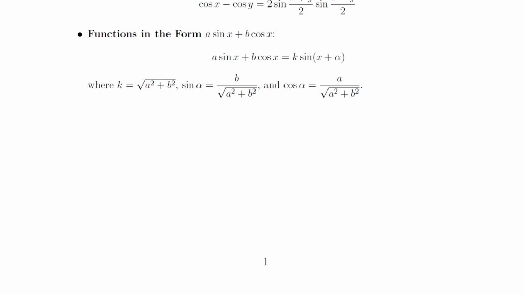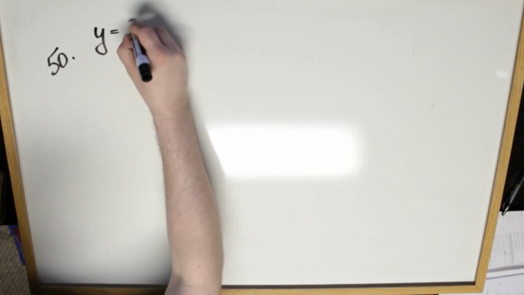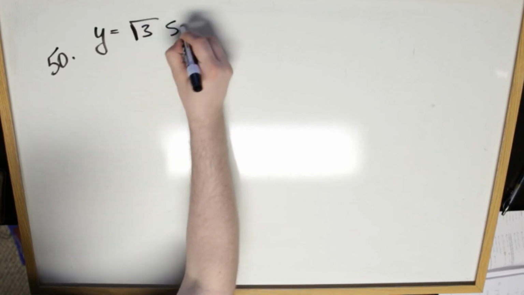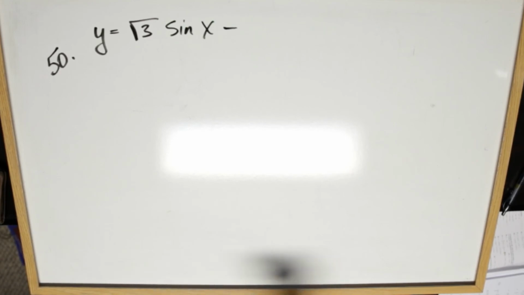All right, so here's my camera. Question 50, they are telling us that we need to write the given equation in the form y equals k sine of x plus alpha, where the measure of alpha is in degrees. And so for question 50, what they're giving us is that y is equal to the square root of 3 sine of x minus cosine of x.